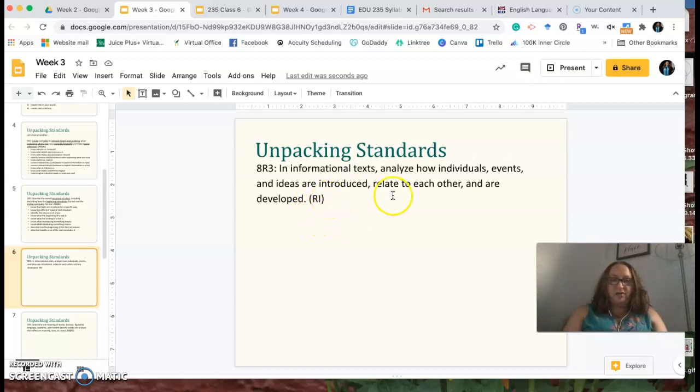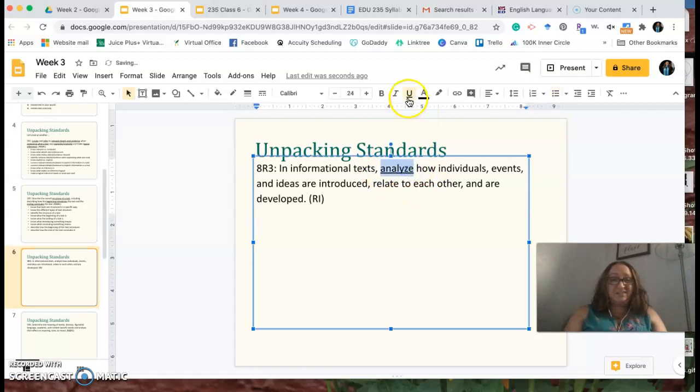So I would underline here analyze, because analyzing takes a bunch of different skills, right? And then it's how individuals, events, and ideas. I group that together, how they're introduced. Then how they relate to each other. I'll just underline relate. And how they're developed.